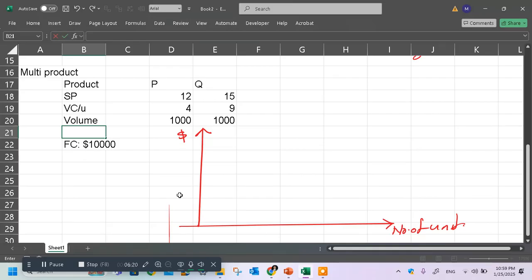Fixed cost is anyway the same, nothing to worry, same as earlier. Fixed cost, well, that must be a little straighter than this. There you go, fixed cost. How much is that? 10,000.